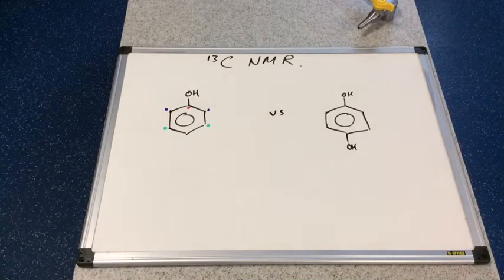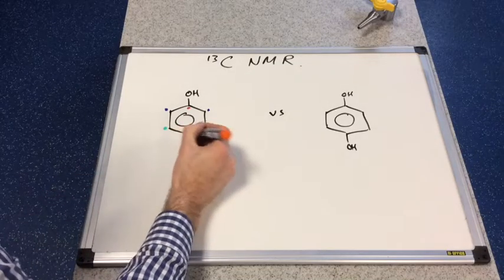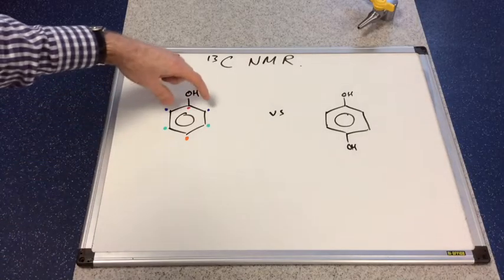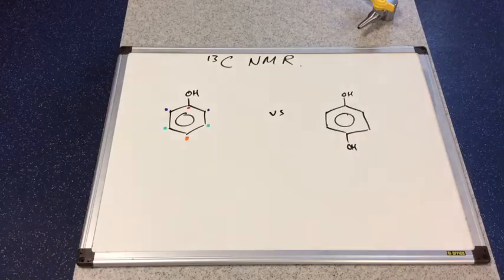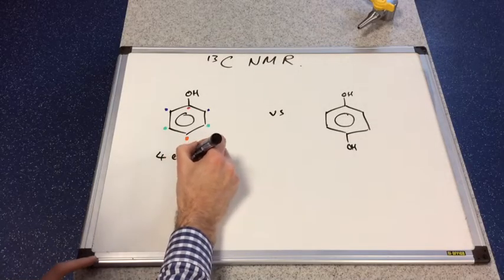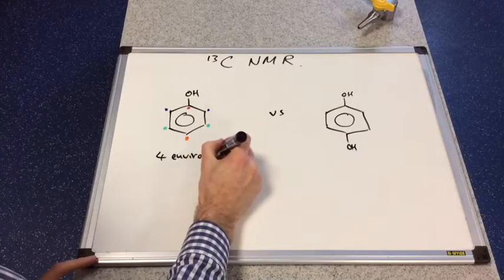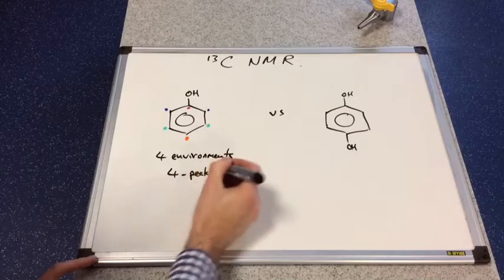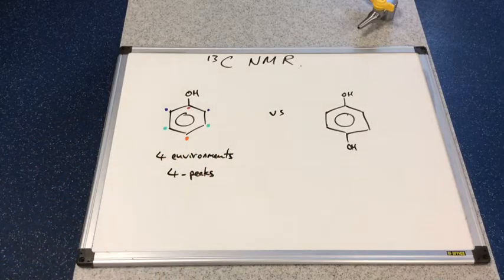And the carbon at the very bottom here is a unique environment. So how many colours have we got? 1, 2, 3, 4. So there's 4 environments in this molecule, and so you'd see 4 peaks. We'll sketch the spectra in a moment.